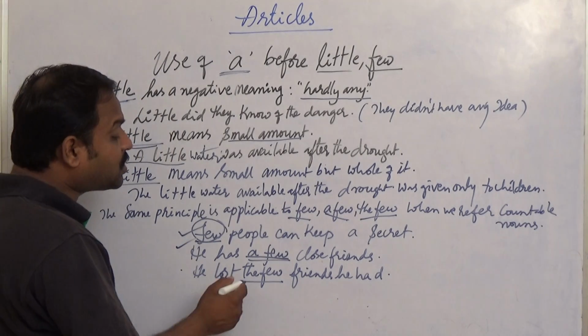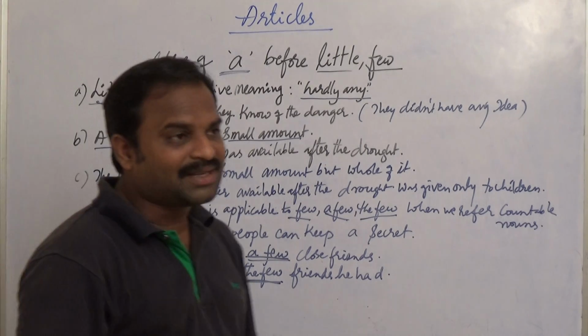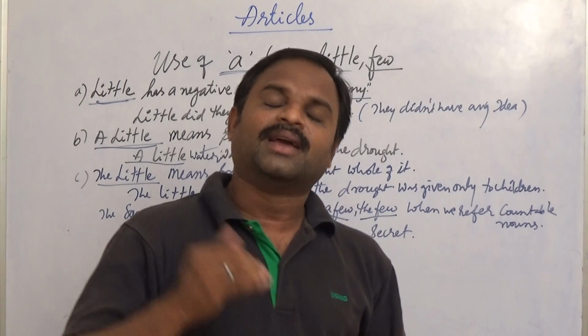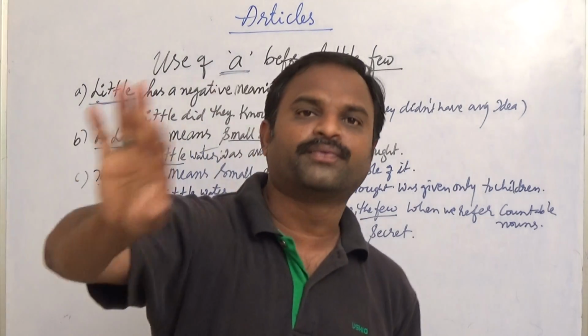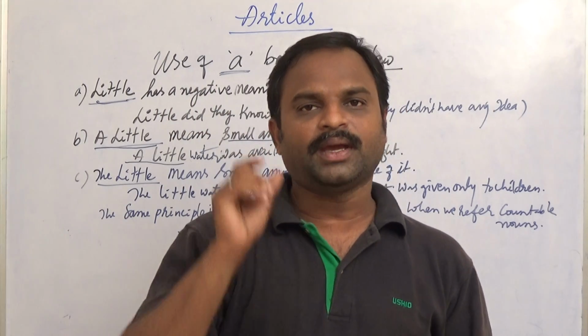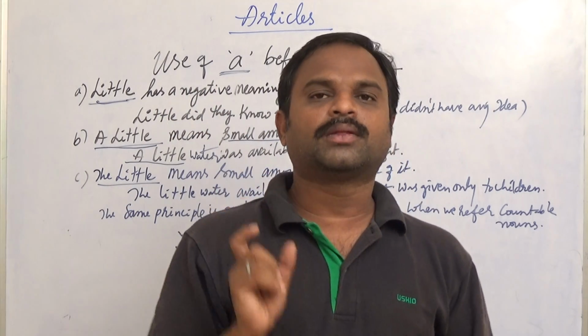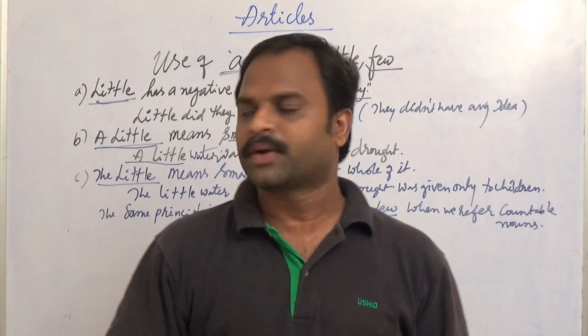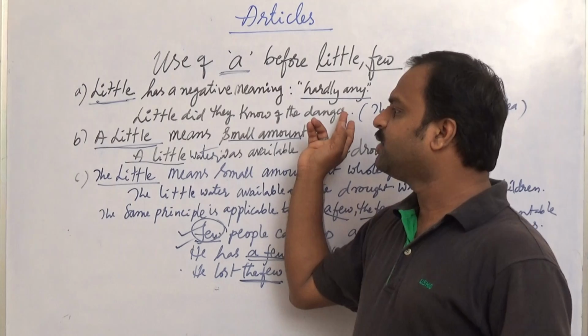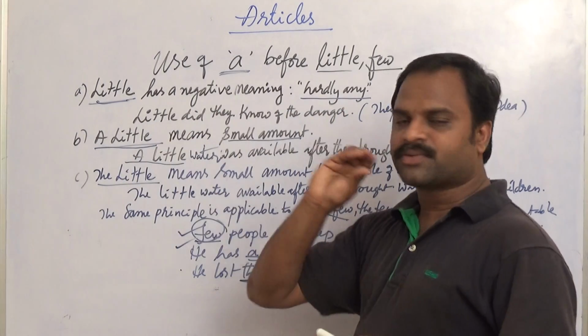Next one, he lost the few friends he had. That means he had only some friends. He lost the few friends also. Okay, few, a few, the few. Little, a little, the little. So once again, little means negative, hardly any. A little means very small.